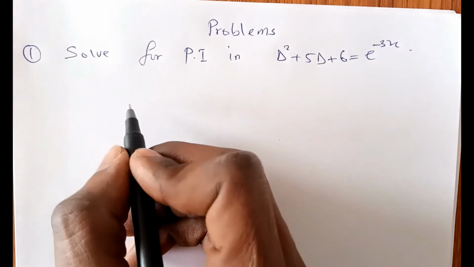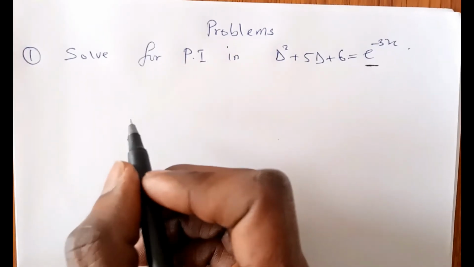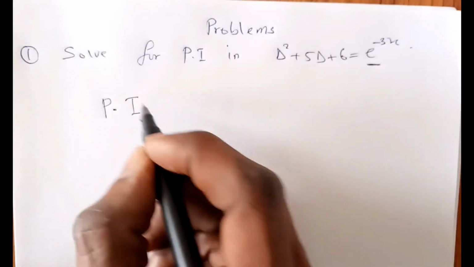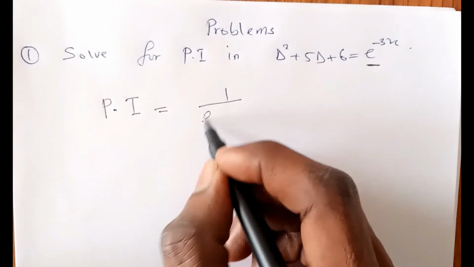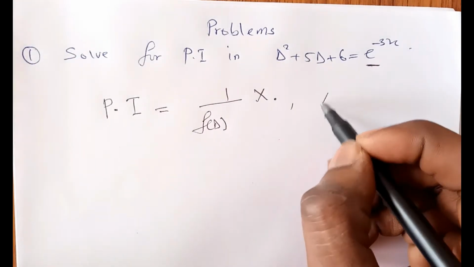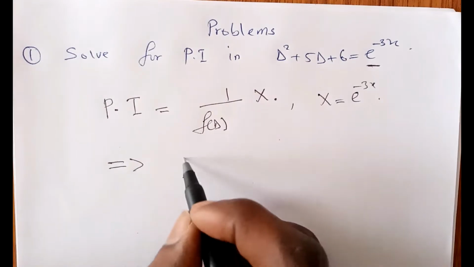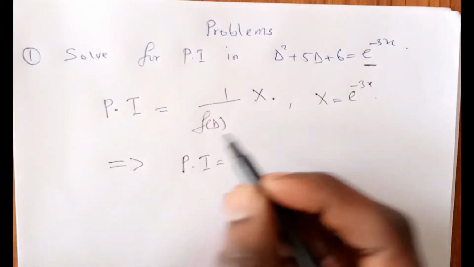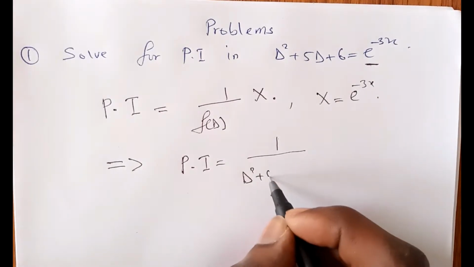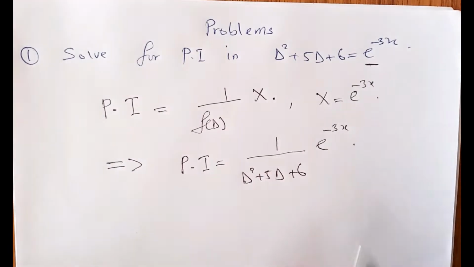First of all, we know that this is an exponential function, and the solution for the PI is 1 over f(D) multiplied by X. Since X here is exponential of minus 3x, the PI will be 1 over D squared plus 5D plus 6 multiplied by exponential of minus 3x.